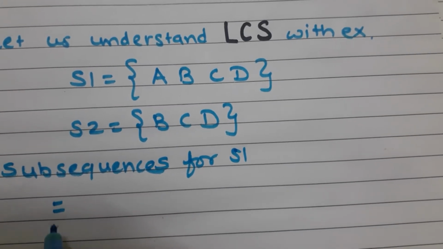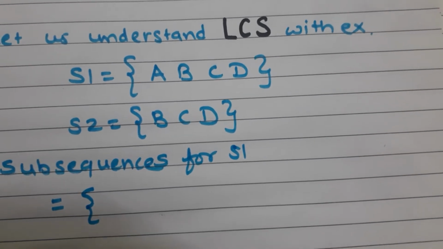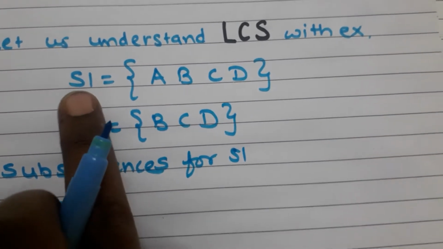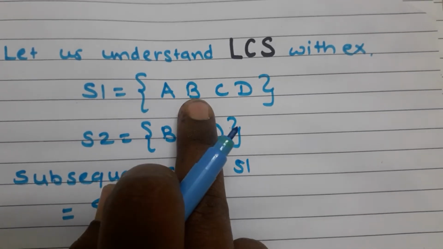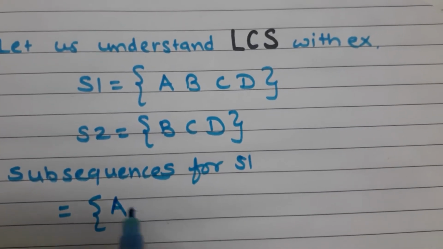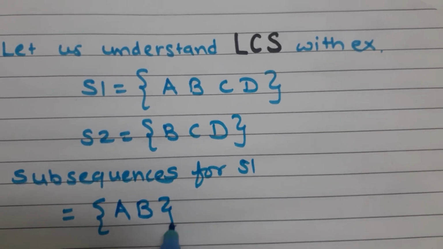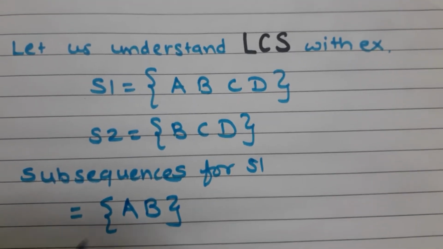What can be the subsequences for S1? Here we can write AB as a subsequence. A comes first and then B comes, so AB will be our subsequence.